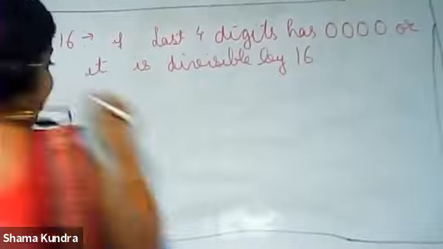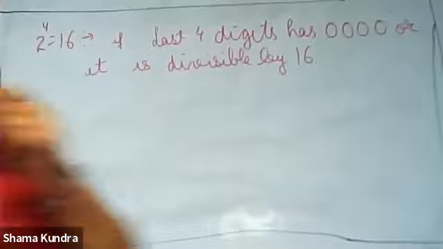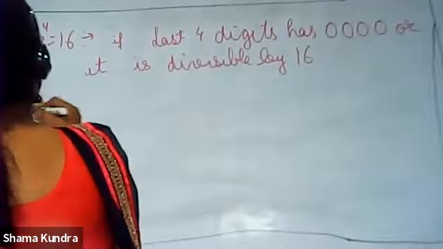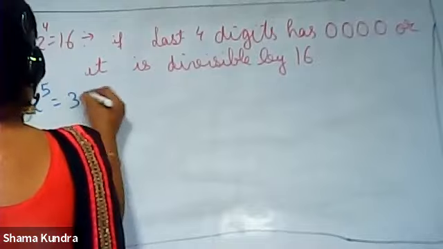Similarly, we can proceed next for 2 raised to power 5. It is 32.